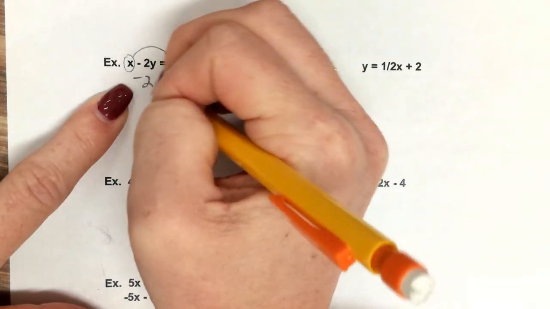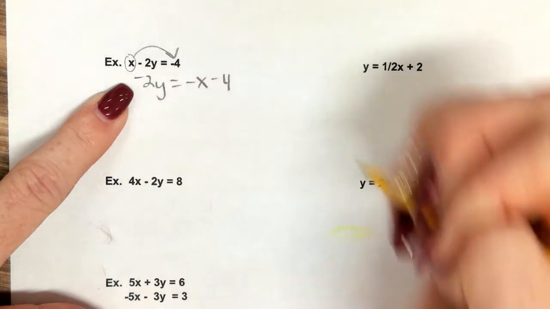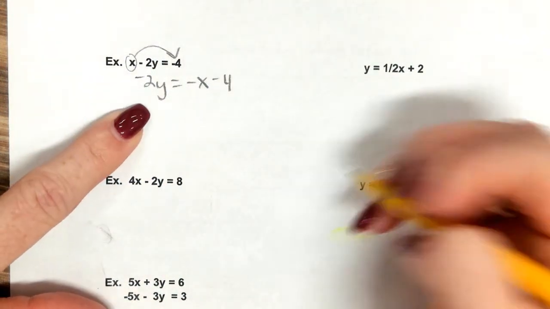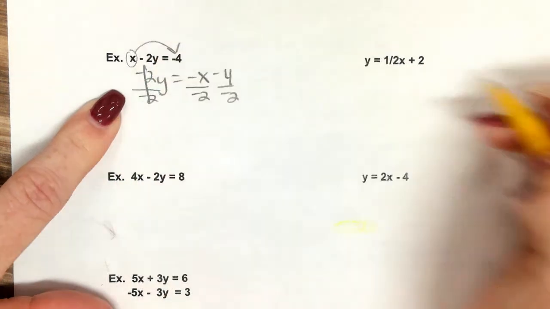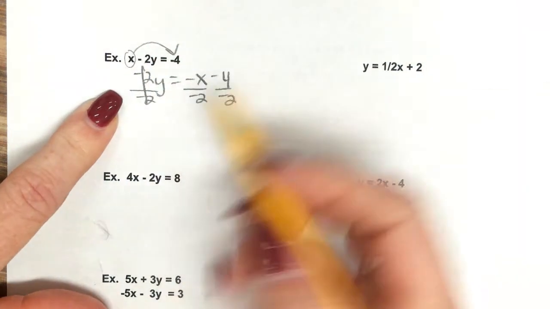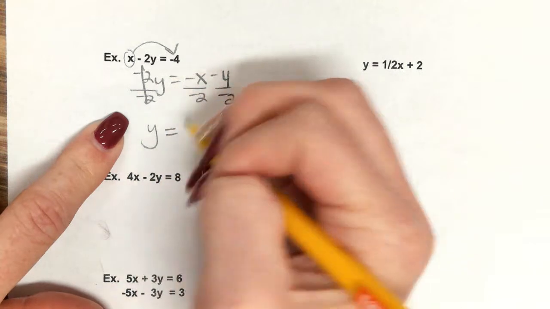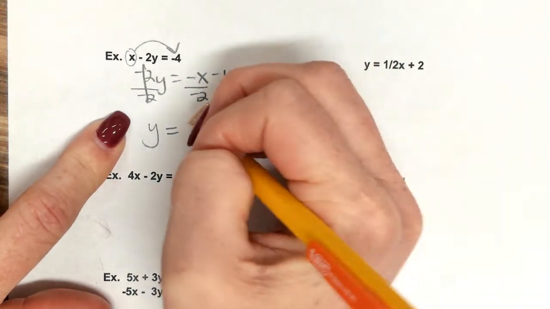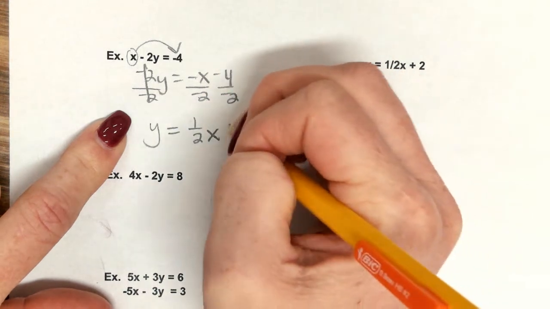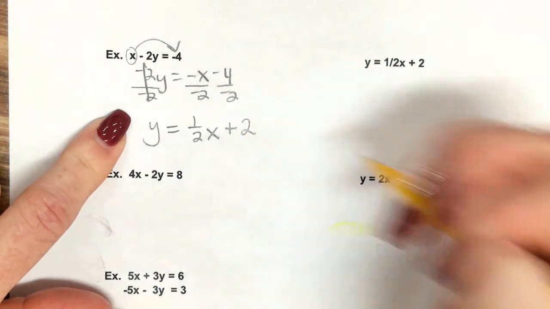So I have negative 2y equals negative x minus 4. Divide everything by negative 2. Y equals, a negative divided by a negative is a positive, so that's 1/2 x plus 2.